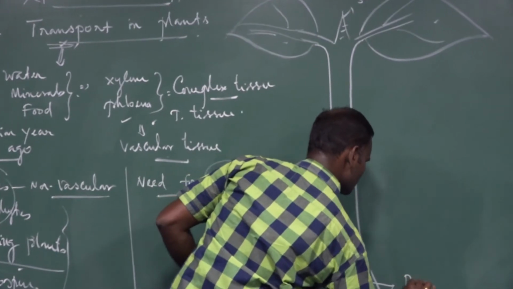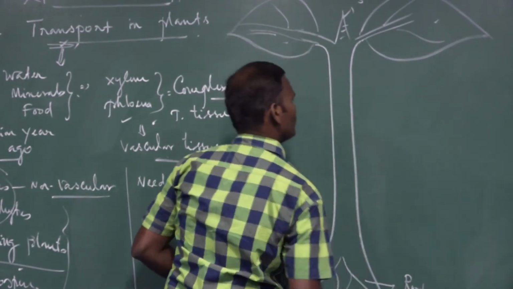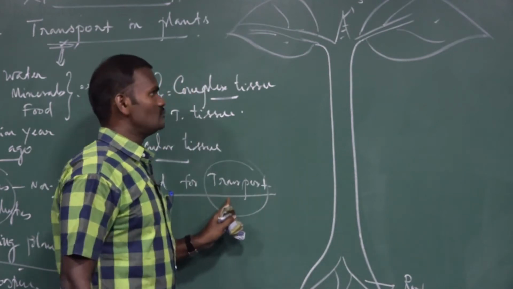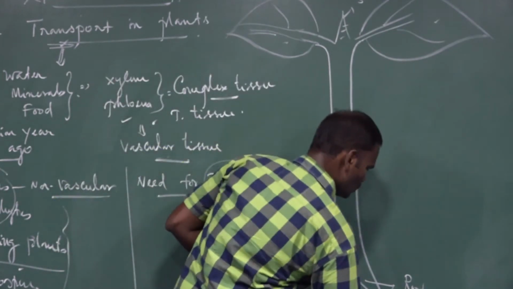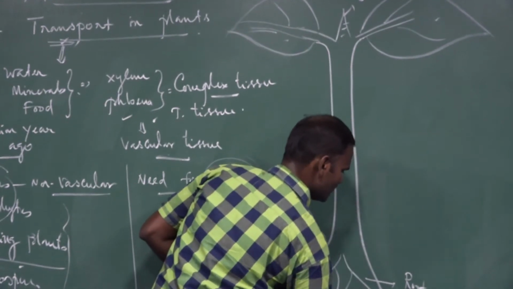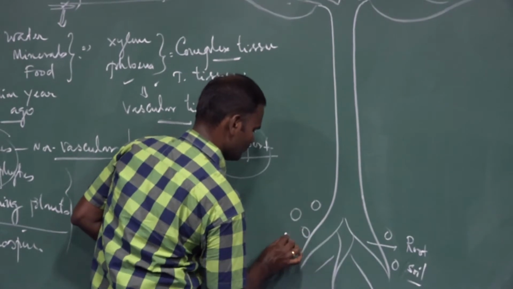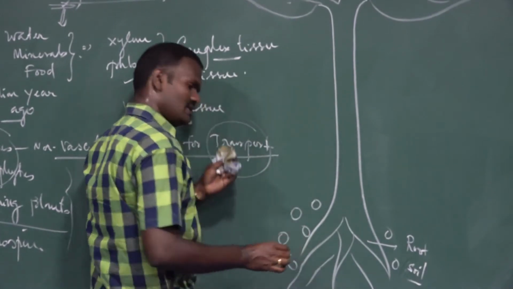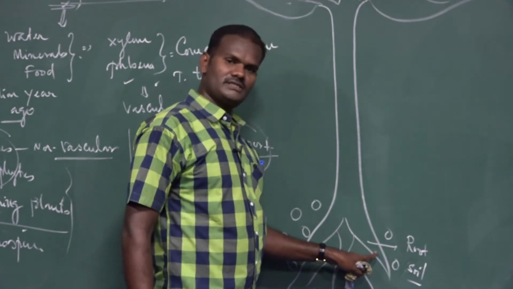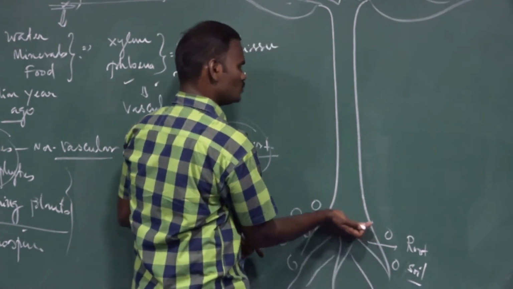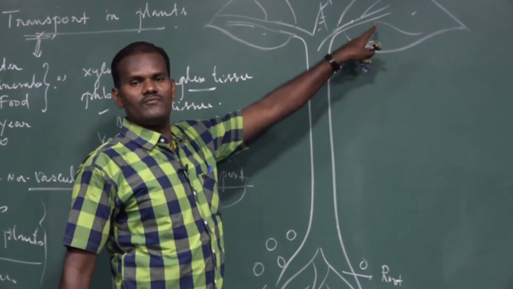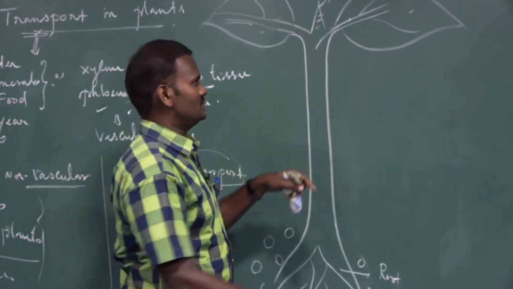It is a root system. And it is a stem. So what is the essential need of transport? See, where is the source of water? Soil is the source of water. These are soil particles. Water is present in the soil. The water is absorbed by the root system. It gets translocated in the upward direction to the leaf because of food preparation.